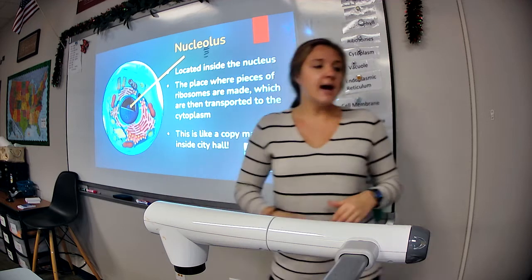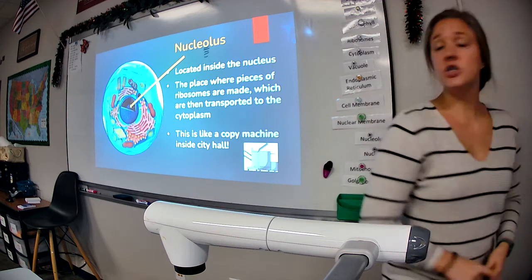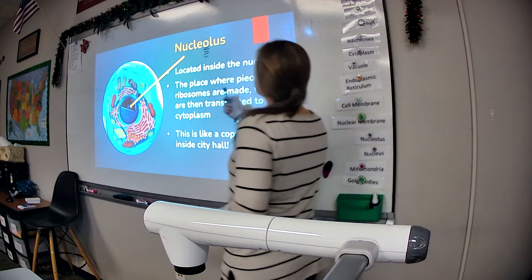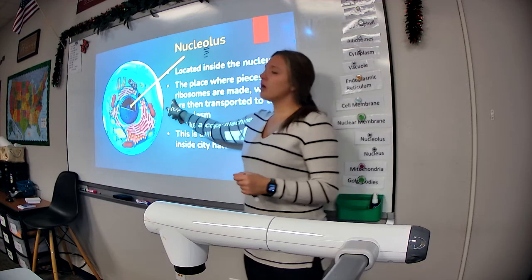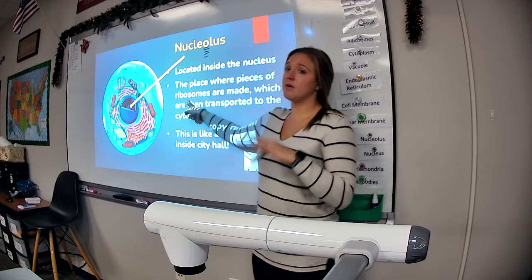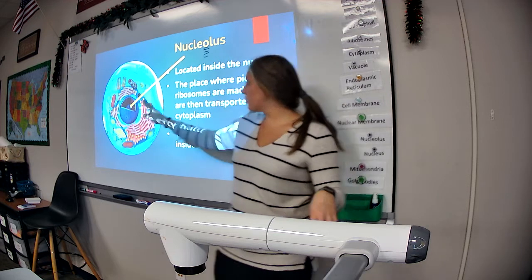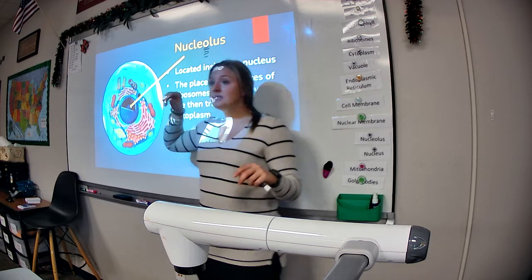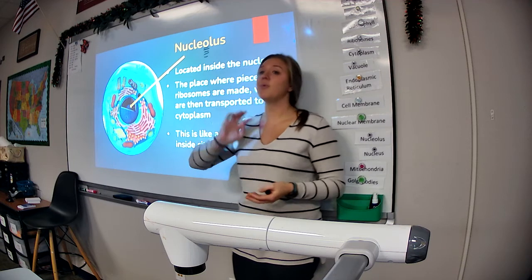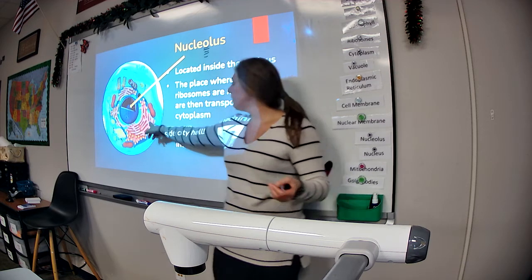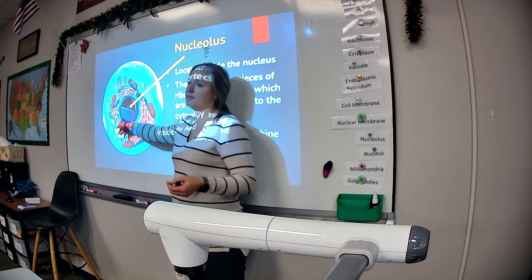Now, the nucleolus, its job is the place where pieces of ribosomes are made. Ribosomes are a whole different organelle we're going to get to later on in the notes. But what the nucleolus does is create copies of these ribosomes and pumps them out into the cell through the holes of the nuclear membrane.